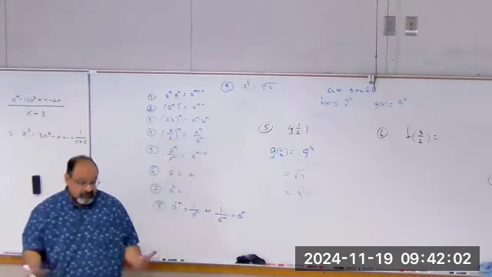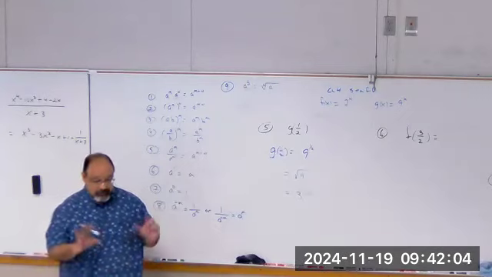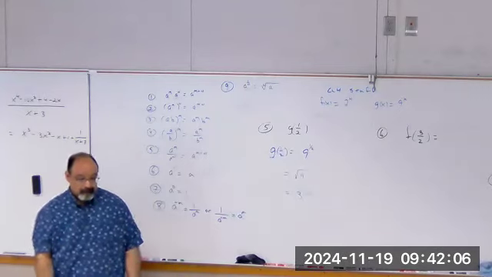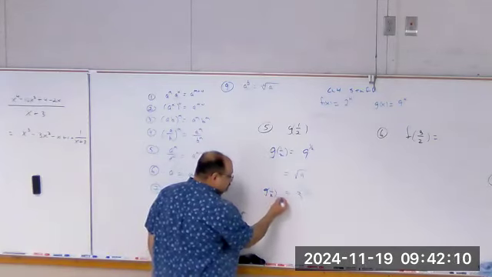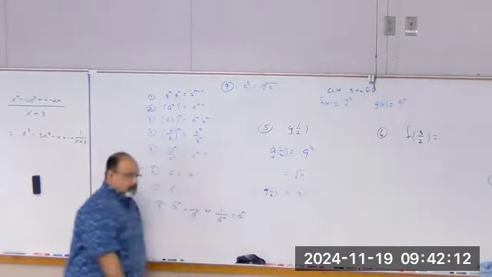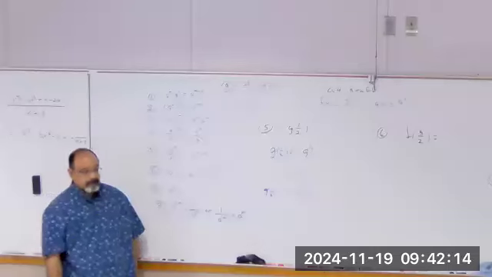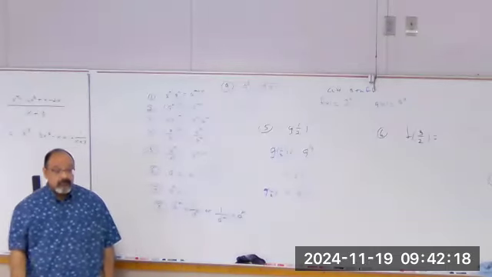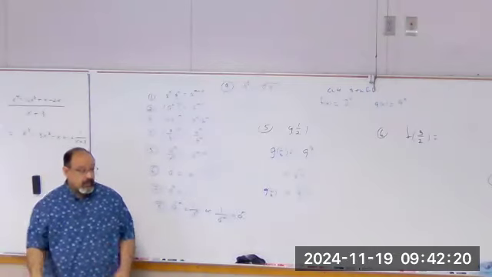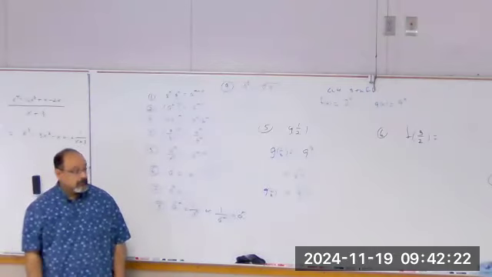Now we're simplifying, we're not solving an equation, so it's not plus or minus, it's just 3. So g of 1/2 equals 3. It's not 9 times 1/2, it's 9 to the 1/2, which means square root of 9, which is 3.